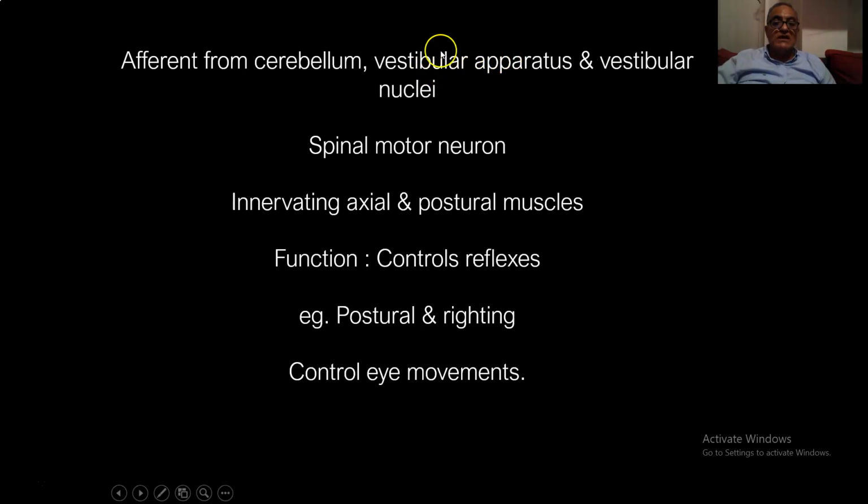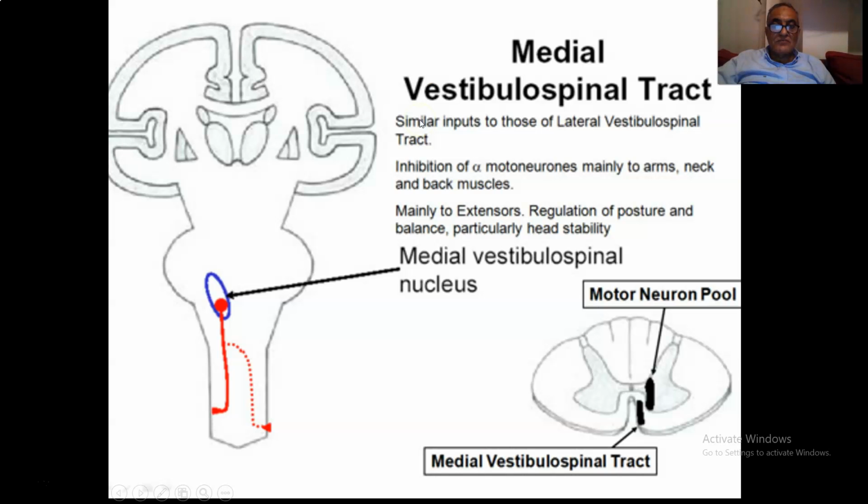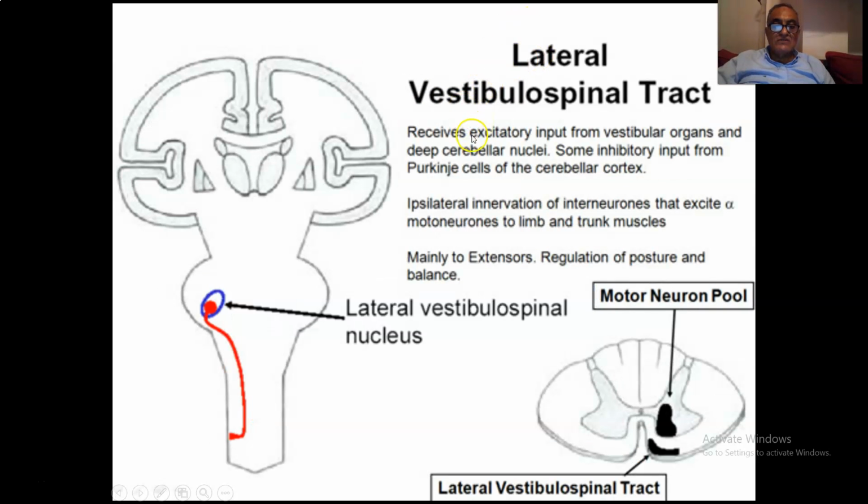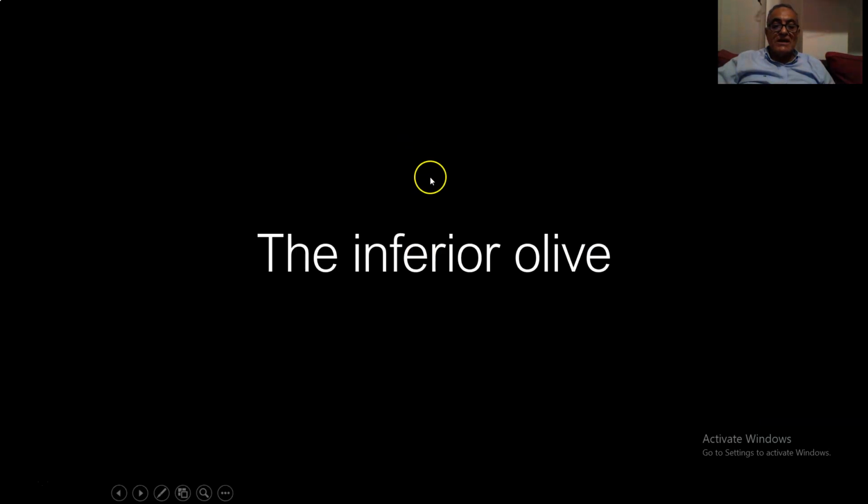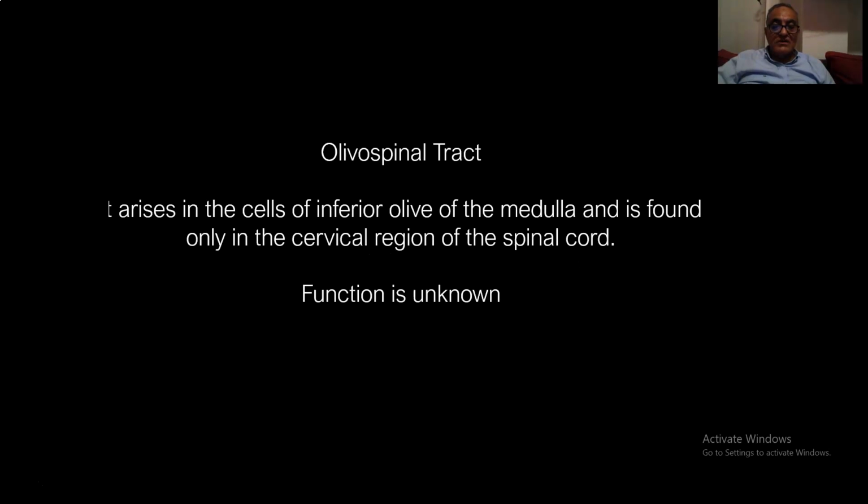So the information gets to the vestibular nuclei, and the vestibular nuclei regulates the posture through the vestibulospinal tracts. We have the medial vestibulospinal tract and the lateral vestibulospinal tract. Don't go through details. And also a very important part of the extrapyramidal system is the inferior olive.